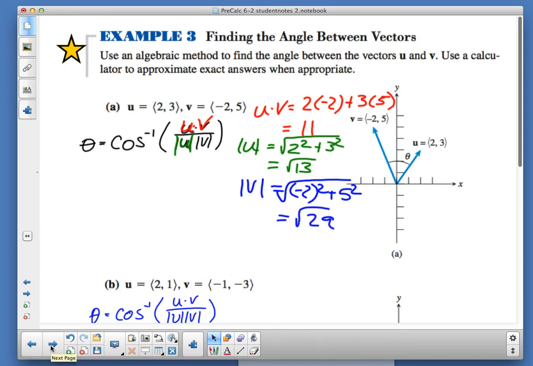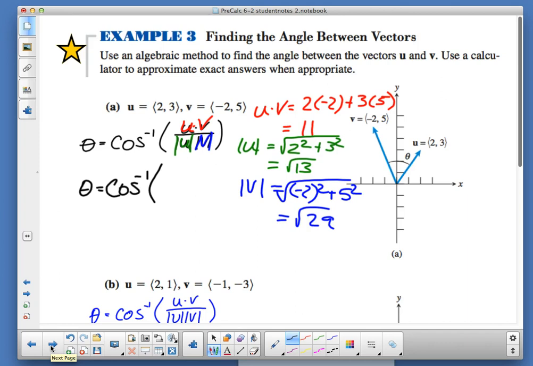Are there questions on how I got the dot product of u v, or the magnitude of u, or the magnitude of v? Now, once I find those three things, I pop them in to my equation. Okay, and my last one was there. So now, theta is equal to inverse cosine. And remember, I have to have my calculator in mode.